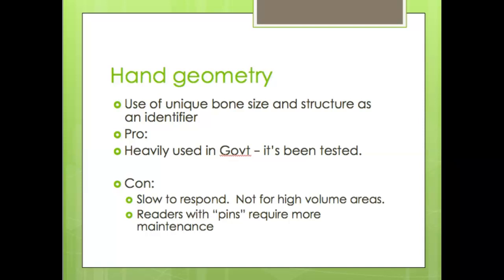You basically walk up to one of these readers and it has 1, 2, 3, 4 pegs, and you slide your hand in between the pegs and it separates them out into a certain pattern, and then it looks for your hand geometry, right? Heavily used in the government for a very long time where they needed biodigital devices, high security areas. They used hand geometry a lot in airports, in the customs areas of airports, and other places.